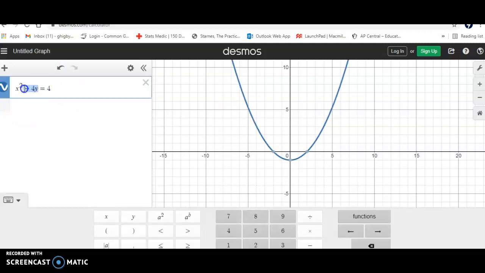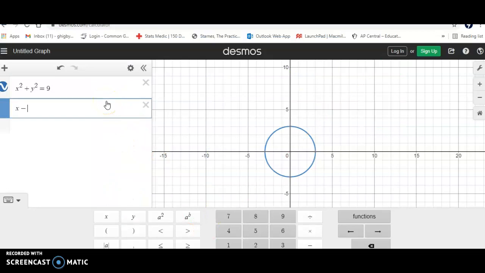If you looked at x squared plus y squared equals 9, and then x minus y equals 5, these two things never cross. So there's no solution.